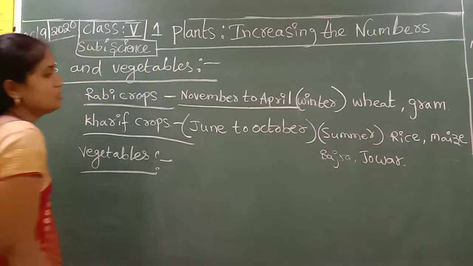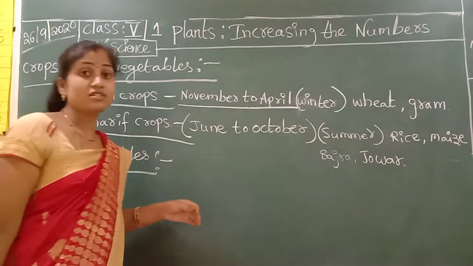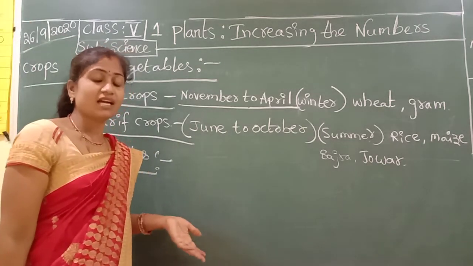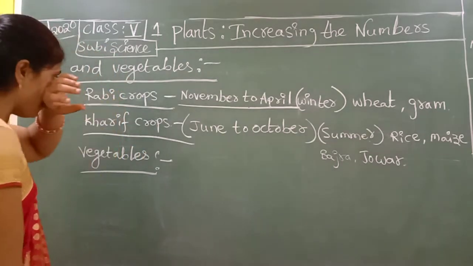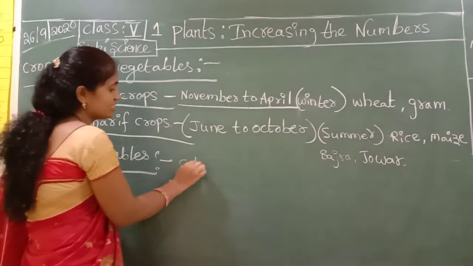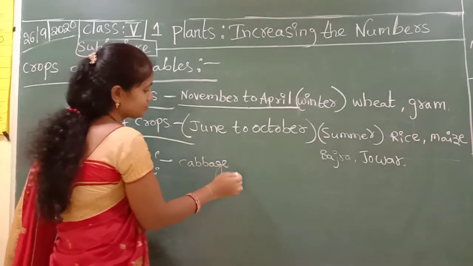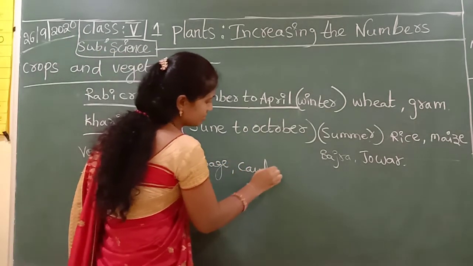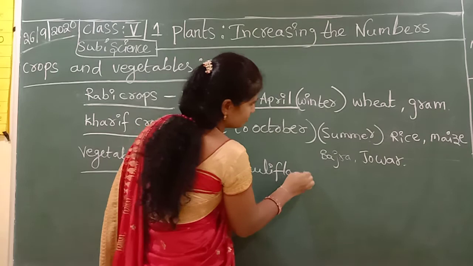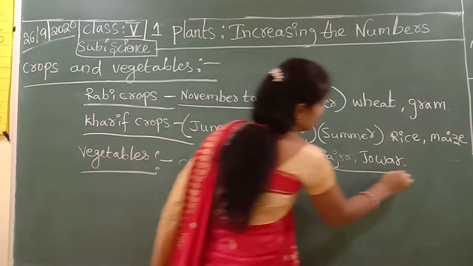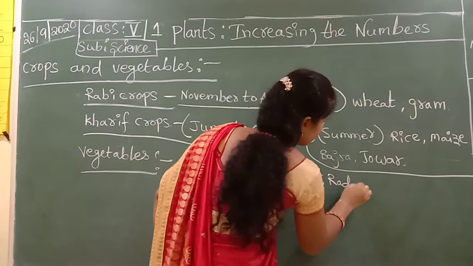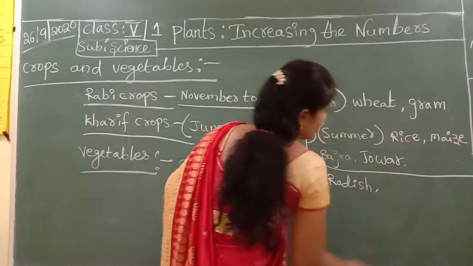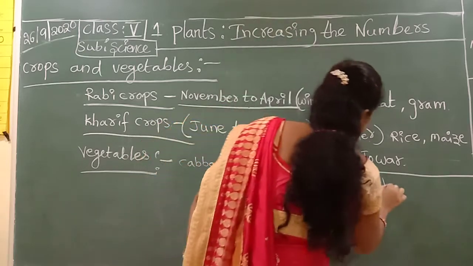Vegetables. Some vegetables they are planting in summer, and some vegetables they are planting in winter. Like cabbage, cauliflower, radish, and beans, peas.